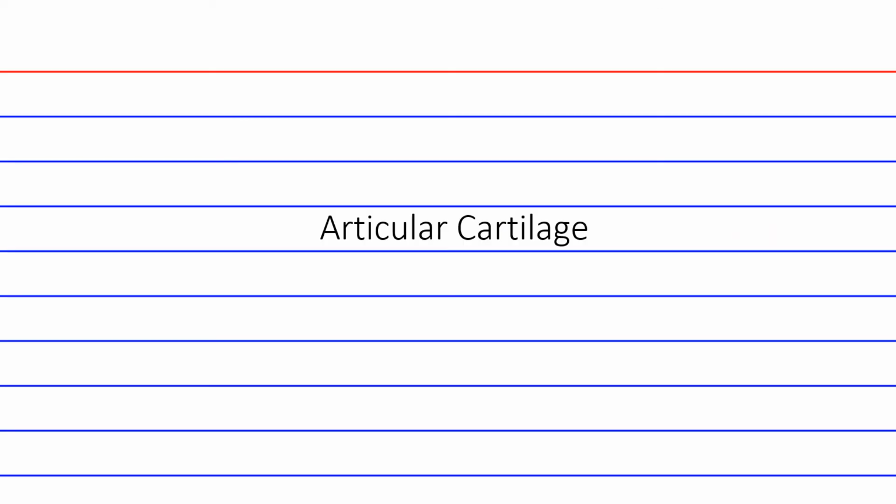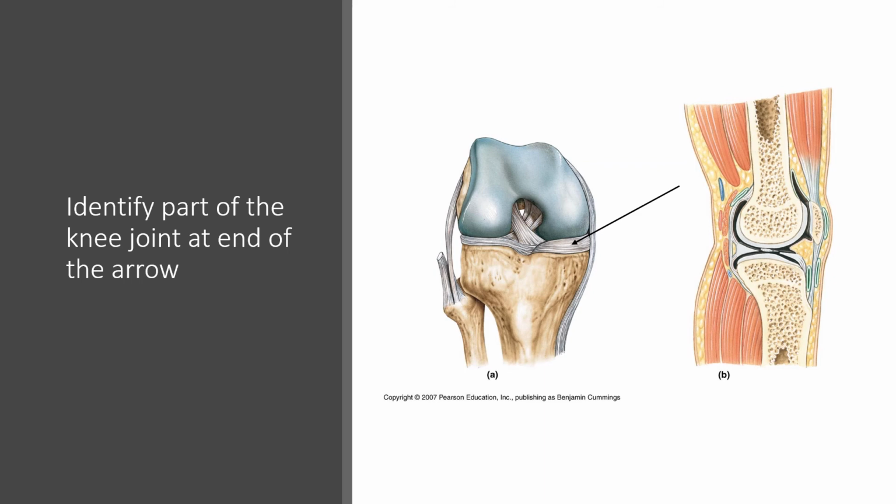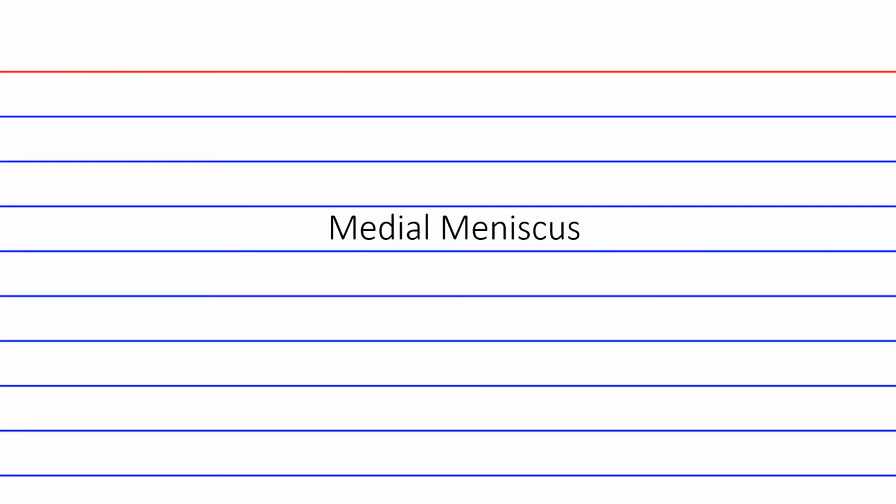The arrow was pointing to articular cartilage. Identify part of the knee joint at the end of the arrow. The answer was the medial meniscus.